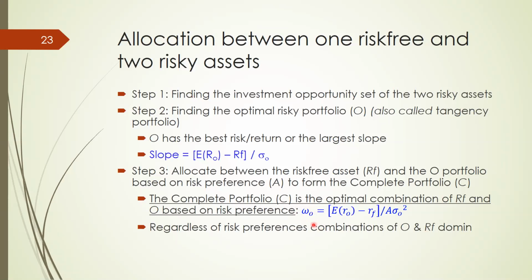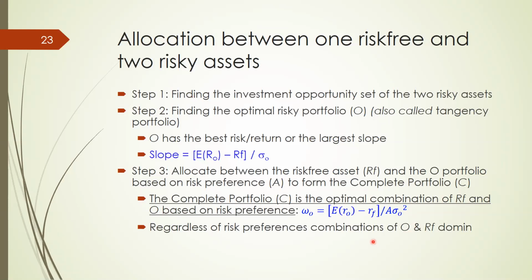So the optimal allocation to the O portfolio will be equal to the available risk premium to variance ratio divided by the required risk premium to variance ratio, which is the excess return on O divided by A times the variance of O.